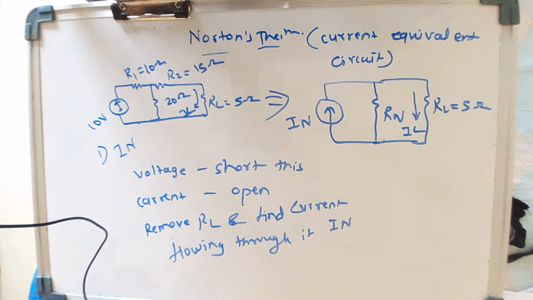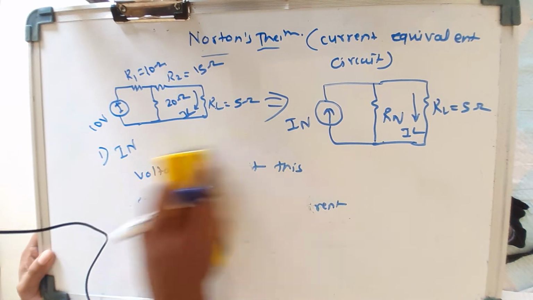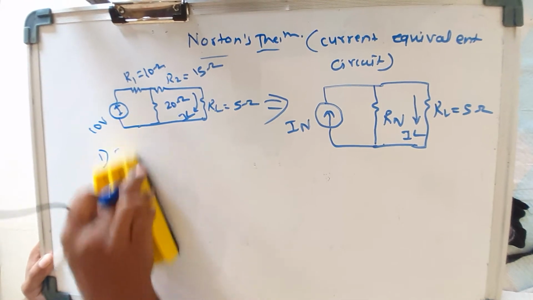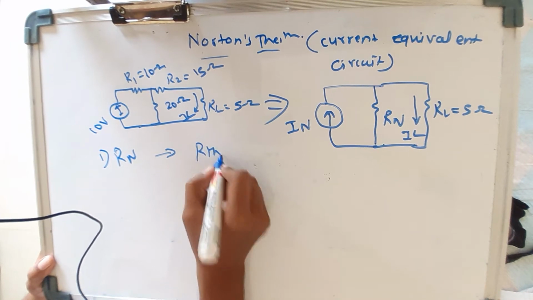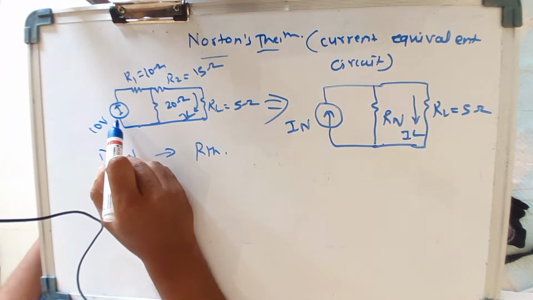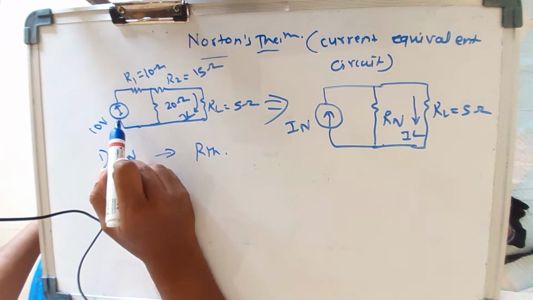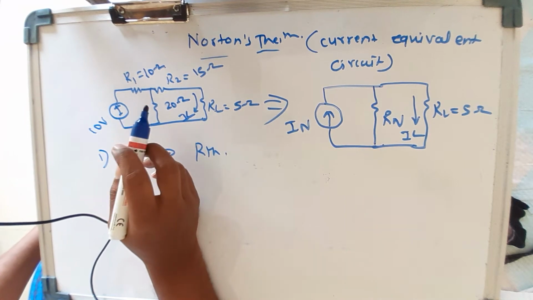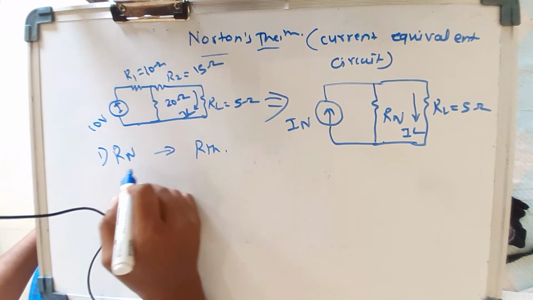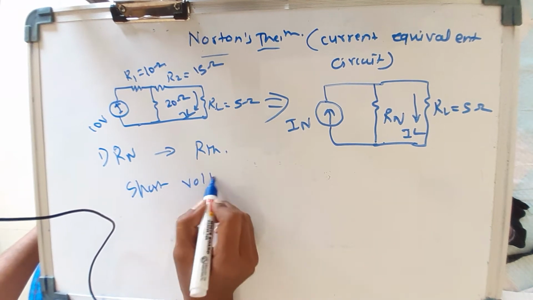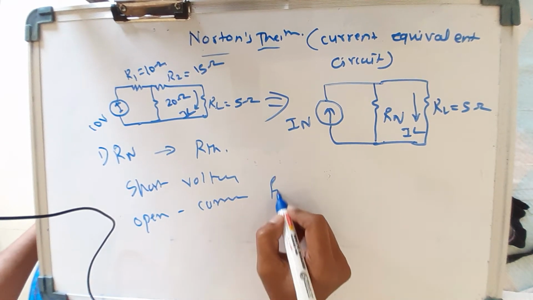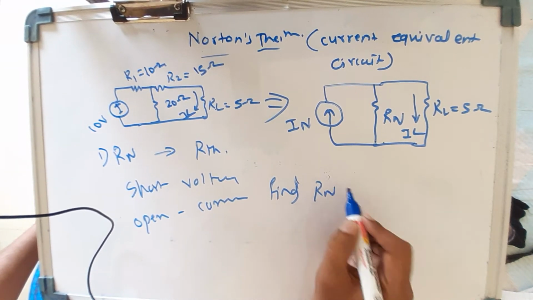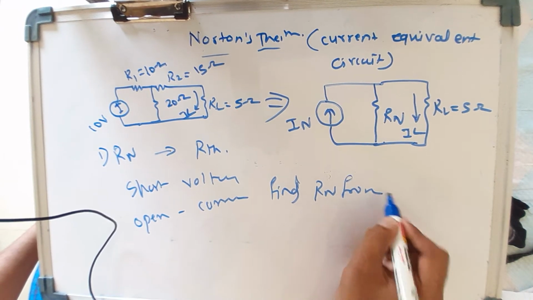Now these are the steps for finding Rn. Next is to find the value of Rn, the same as RTh. We have to short the voltage source and open the current source, and find Rn from the load terminal.